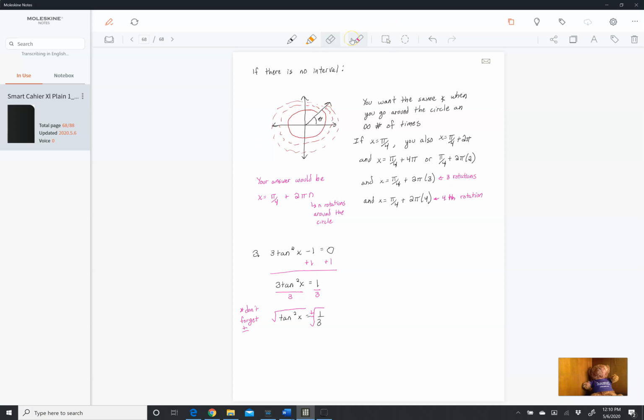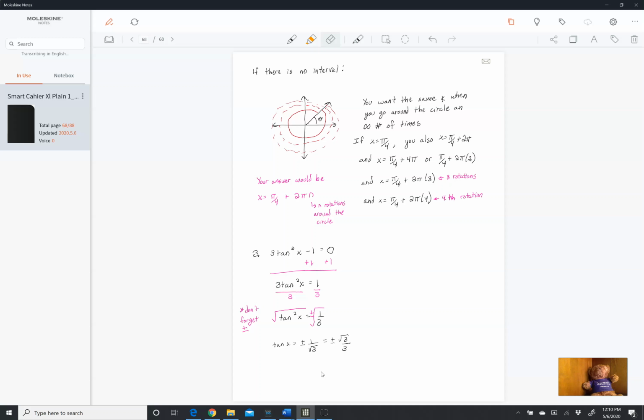So what does this give us? Tangent of x is equal to plus or minus 1 over the square root of 3. Okay, so square root of 1 is 1. Well, this is the same thing as square root of 3 over 3, right? If we rationalize our denominator.